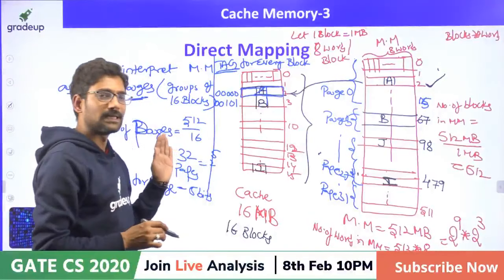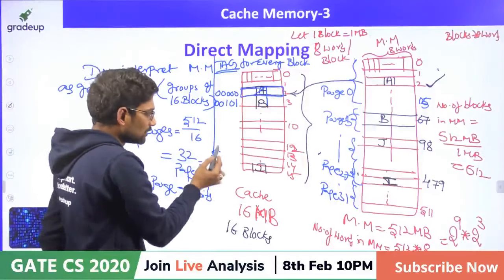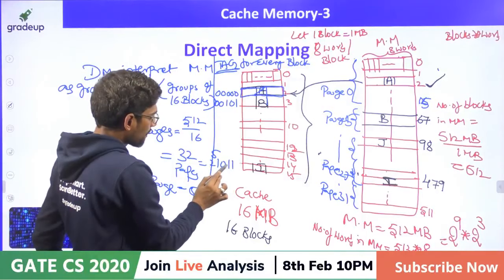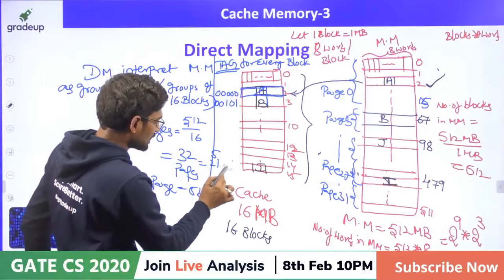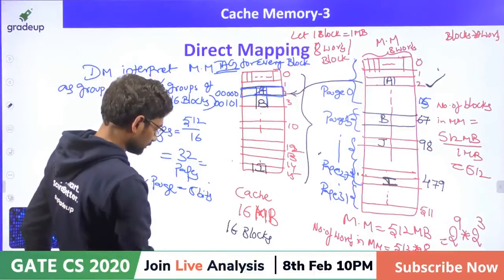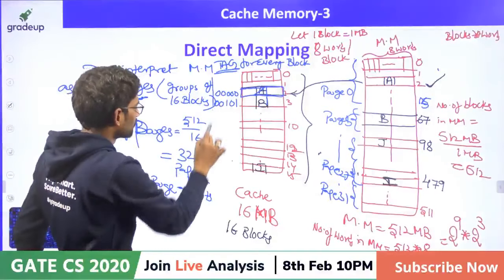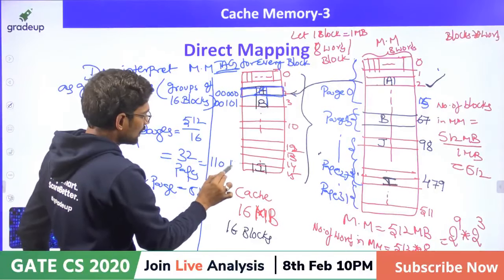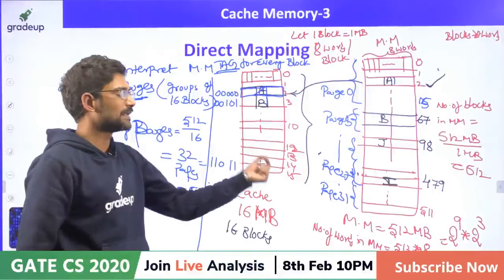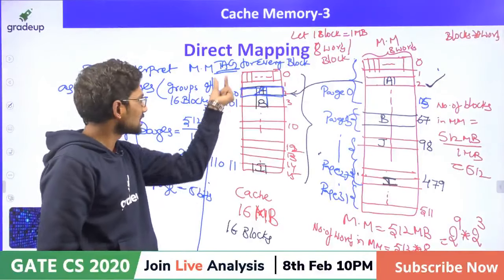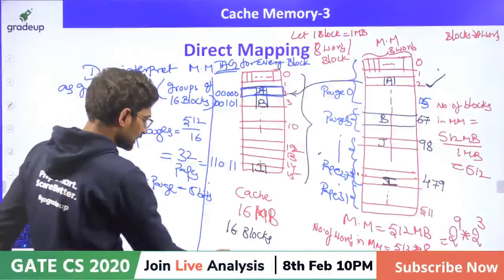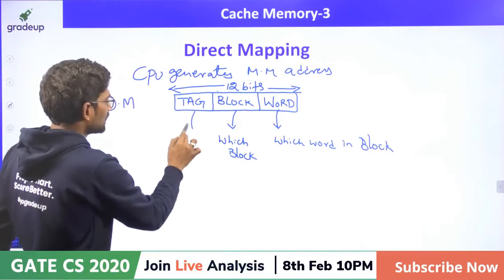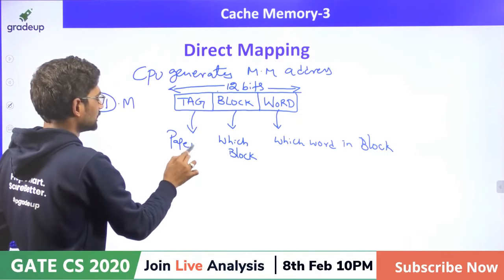So for I, what would be the tag? 27, whose binary value is 1 1 0 1 1. 27 is maintained as the tag. So what is the tag? Page number. Got it? So tag means page number.